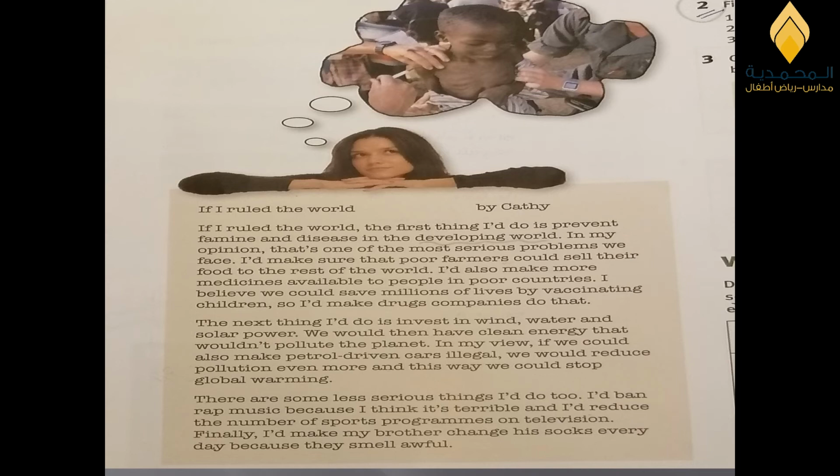Paragraph 3. There are some less serious things I'd do too. I'd ban rap music because I think it's terrible, and I'd reduce the number of sports programs on TV. Finally, I'd make my brother change his socks every day because they smell awful.